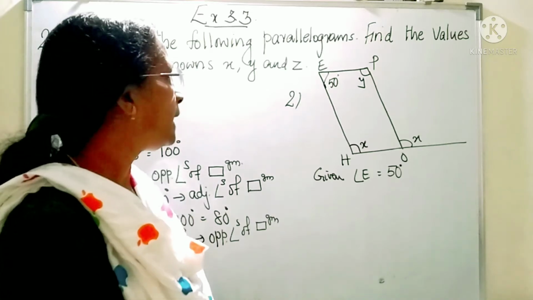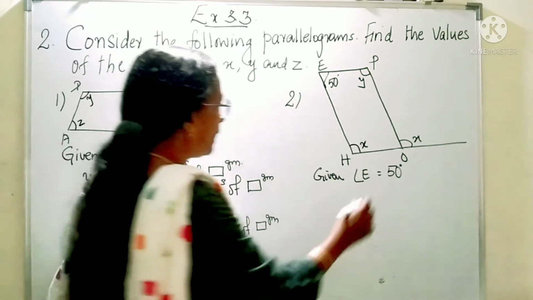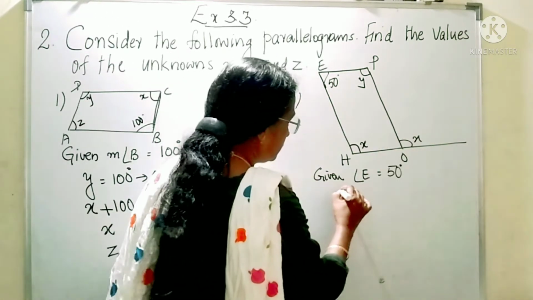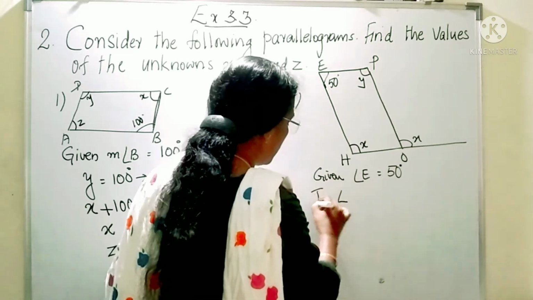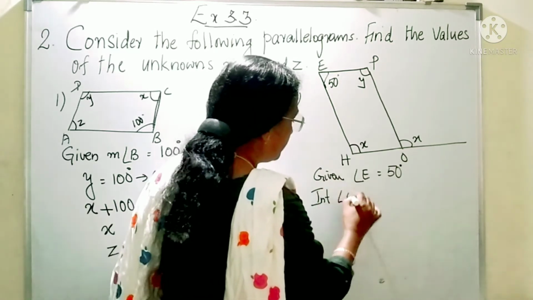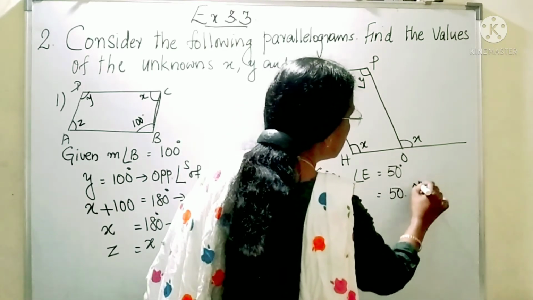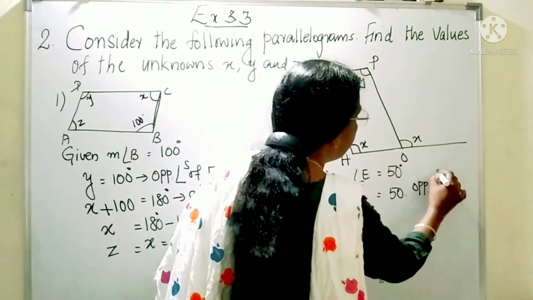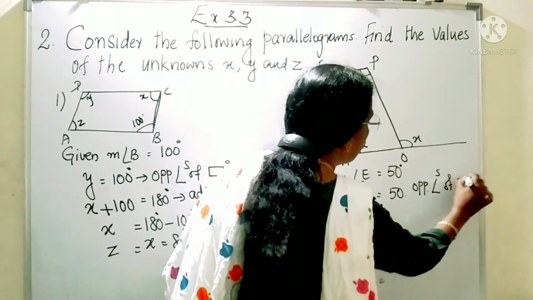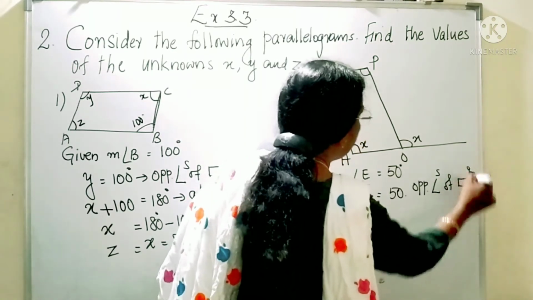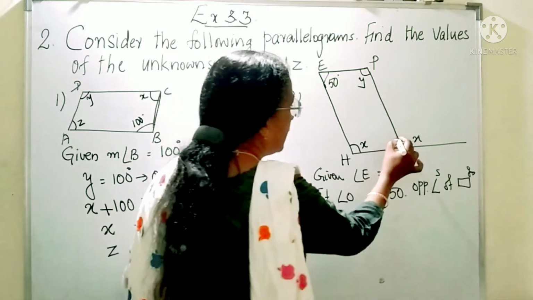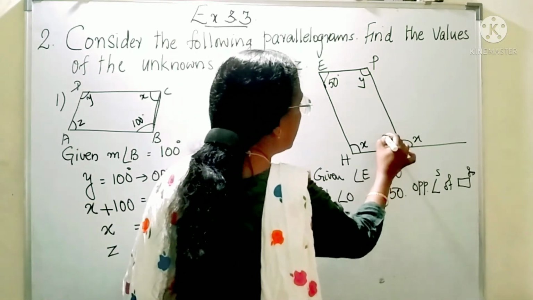If angle E is 50 degrees, what will be angle O? Interior angle O is equal to 50 degrees. Opposite angles of parallelogram. So this interior angle will be 50 degrees.